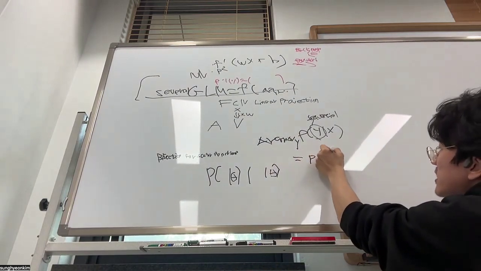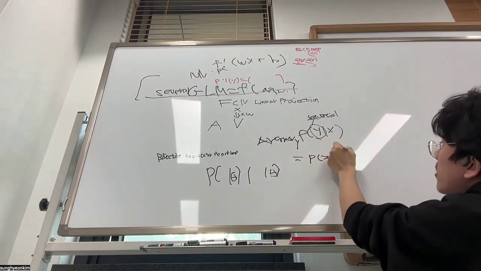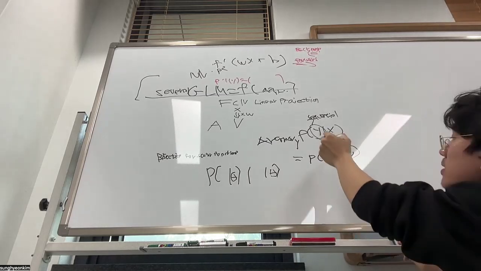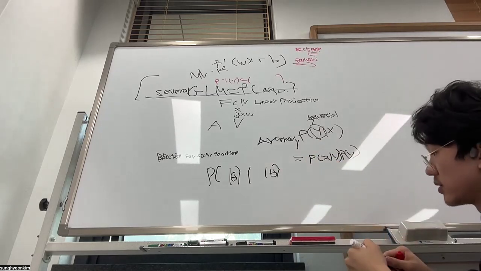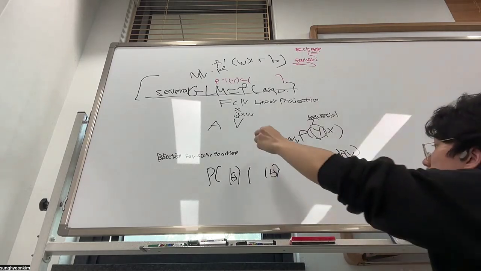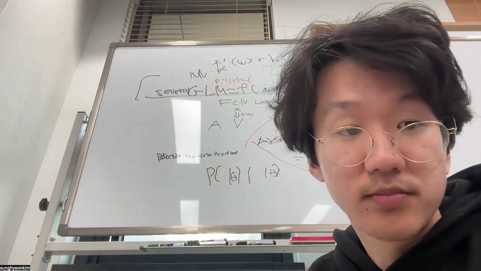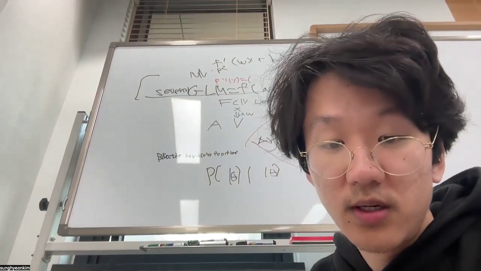We can change it to p(x|y) p(y) over p(x).